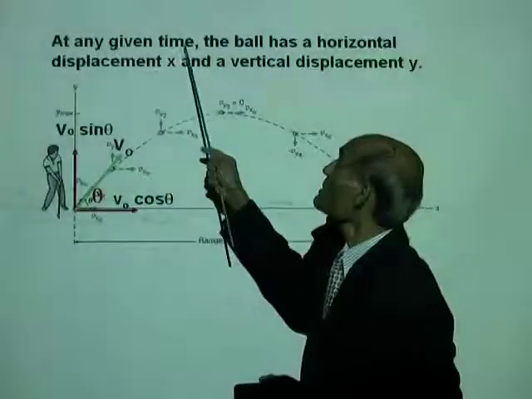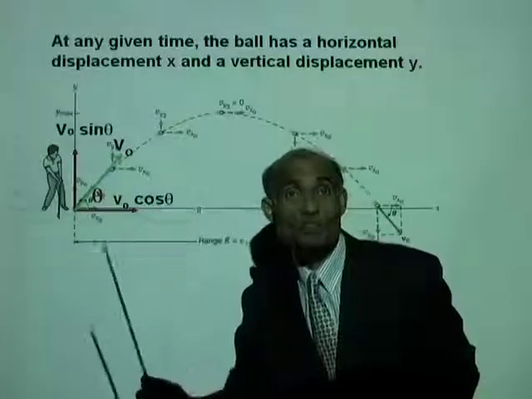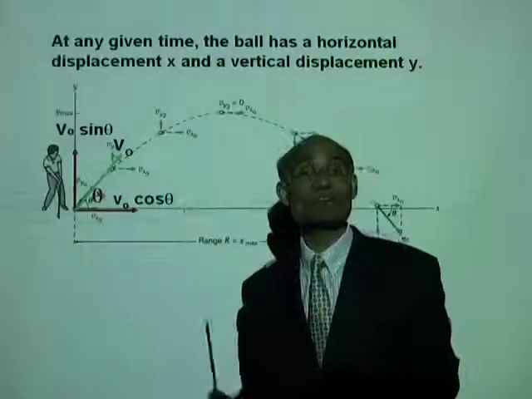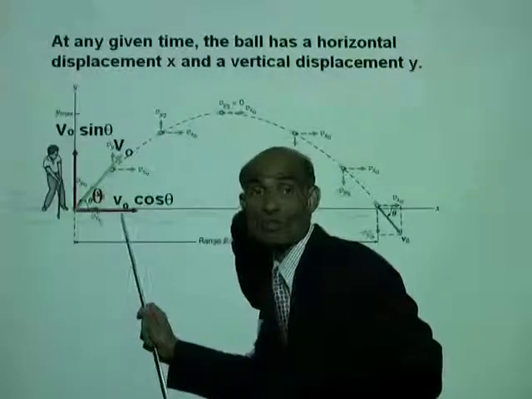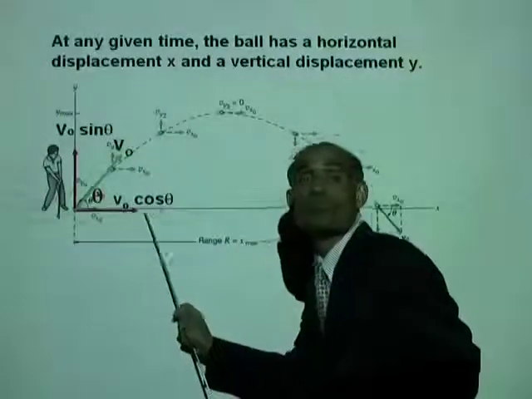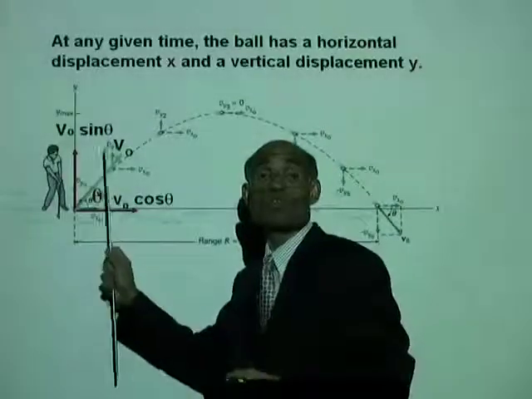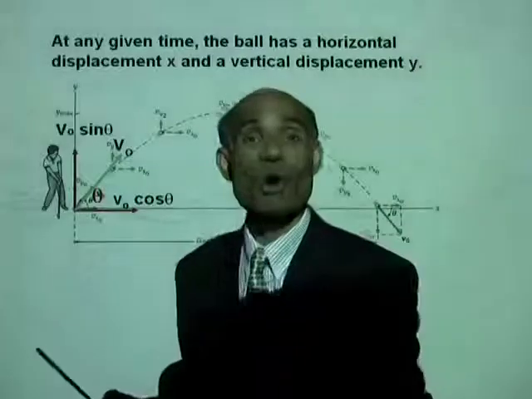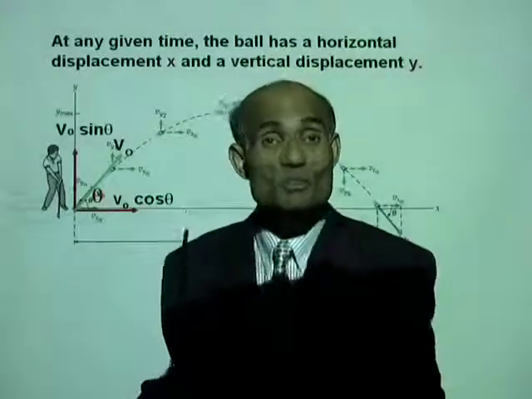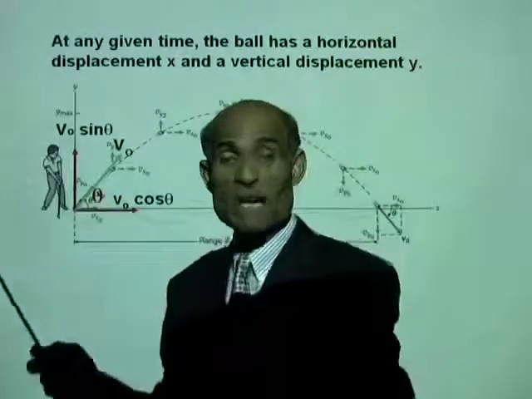At any given time, the ball has a horizontal displacement and a vertical displacement. You see, because it has a horizontal velocity, it will move horizontally, and because it has a vertical velocity, it will move vertically. That means the ball has a horizontal displacement and a vertical displacement simultaneously.